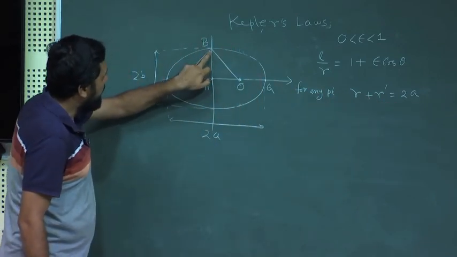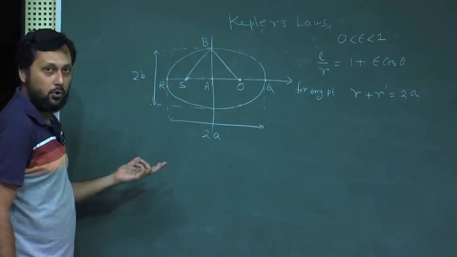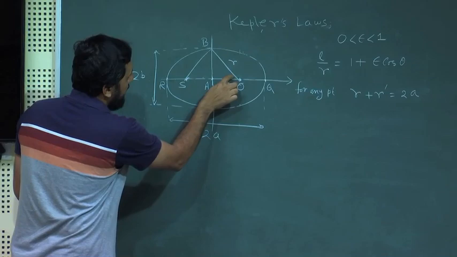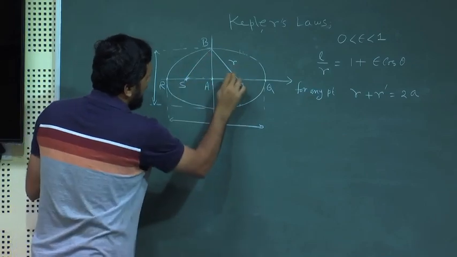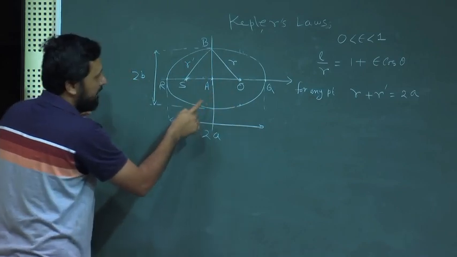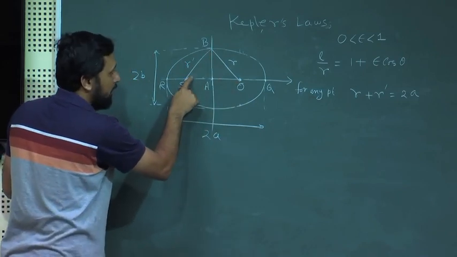So, for this point B, this is also generally true. Now, for this point, this is R and this is R prime, and we can see from the symmetry of the problem that R is equal to R prime.